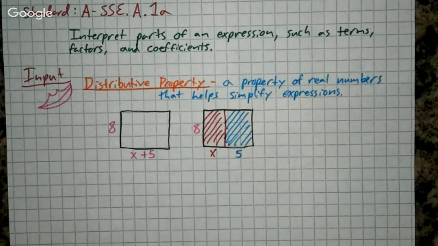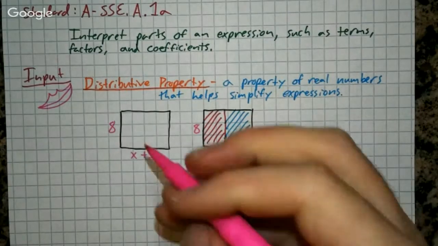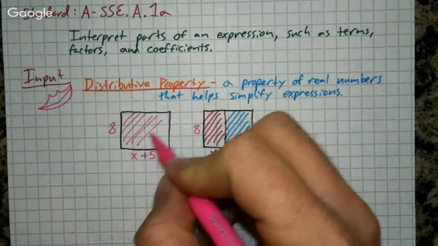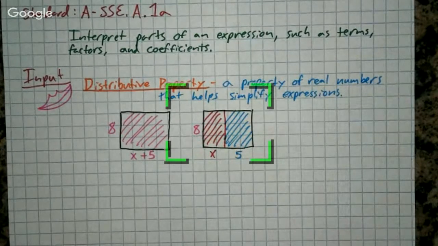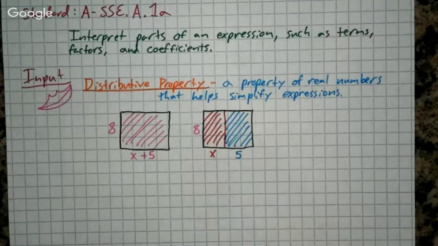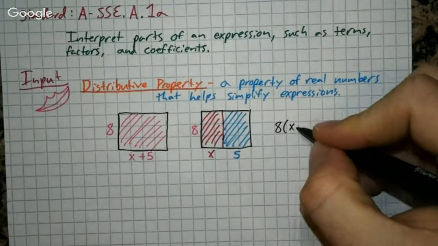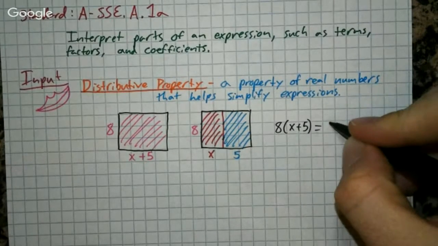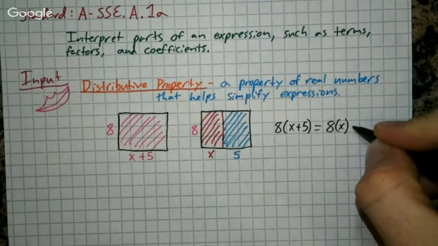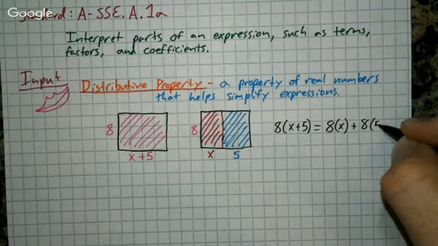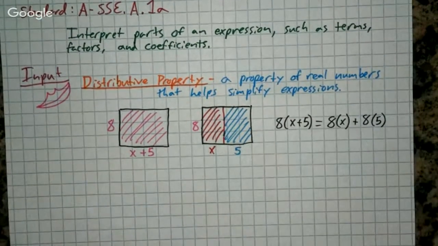And it shows the same thing right here, 8 times x plus 5 is the same thing as saying 8 times x plus 8 times 5. So it says that 8 times x plus 5 is the same thing as saying 8 times x plus 8 times 5. It's the same thing. So that was, I thought, a nice way of showing what the distributive property was.